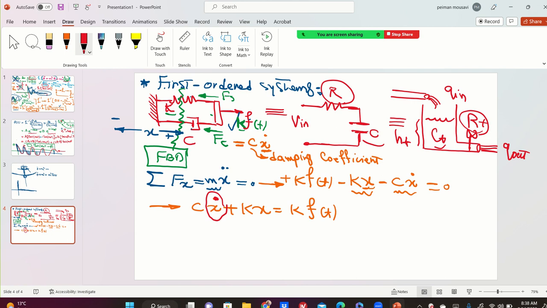By assuming that the initial value of the system x at 0 is 0, I'm starting from here, and the velocity also is 0. And I'm dividing both sides by C. So it's going to be x dot plus K over C x equals f of t K over C.